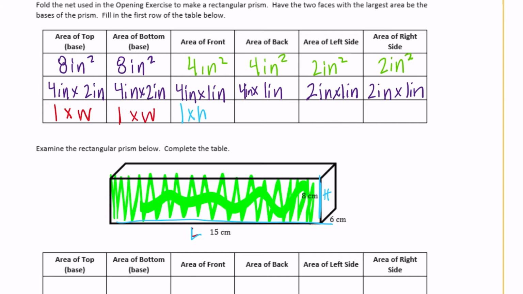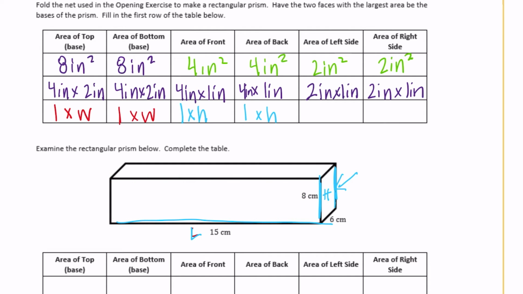So length times height, and then to find the one back here in the back, it would also be the length times the height. And then to find the area of the right side, the one that's visible on this prism, we would do the width times the height. And then the same with the left side over here, we would do the width times the height to find the area of that side.